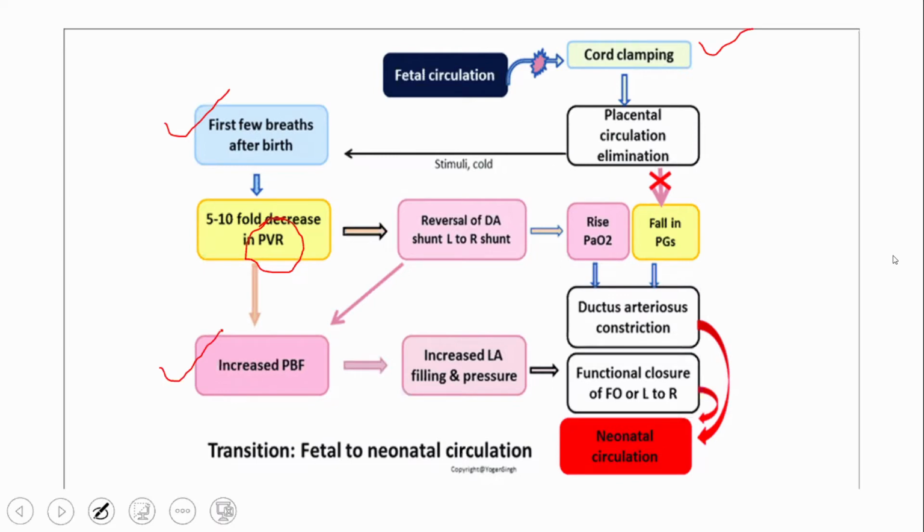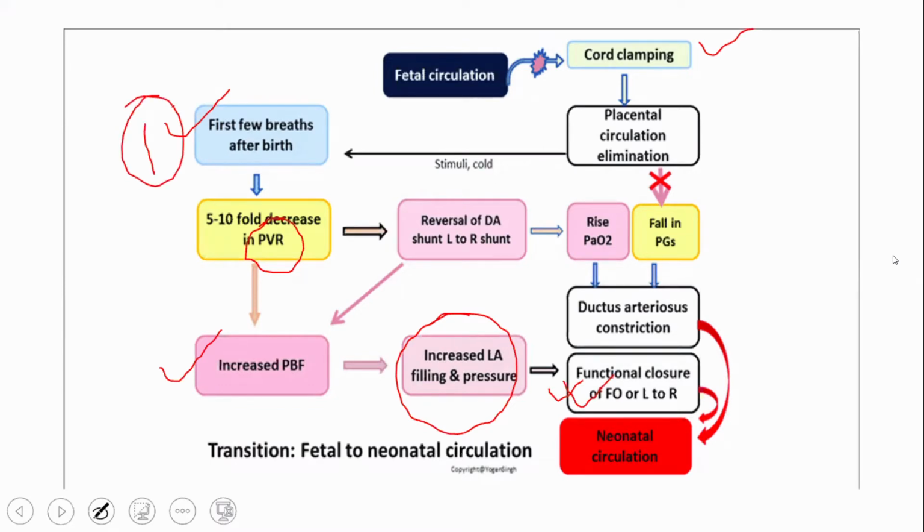More blood will go into the lungs, and from the lungs it will return via the pulmonary vein to the left atrium. So the left atrial pressure will increase, and when the left atrial pressure becomes more than the right atrial pressure, there is a functional closure of the foramen ovale.